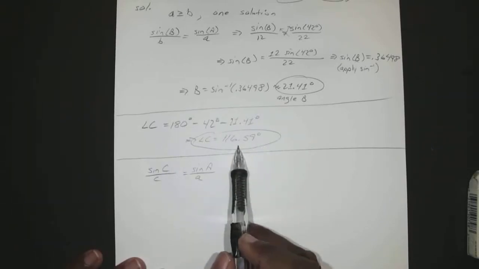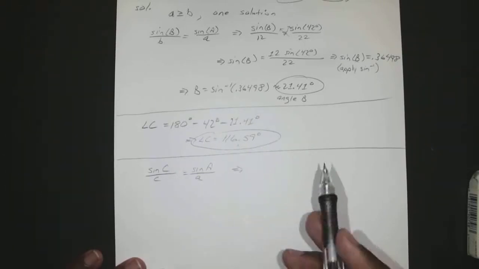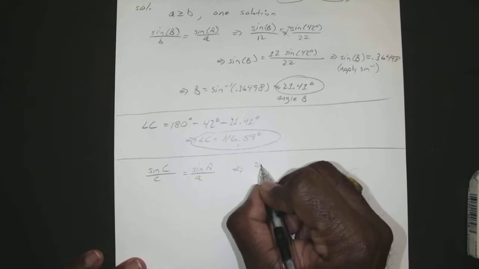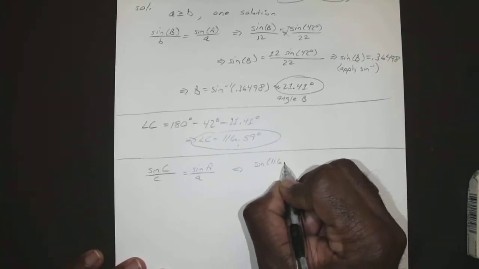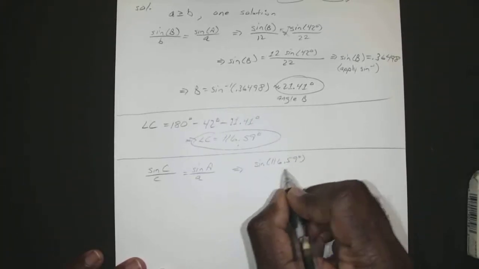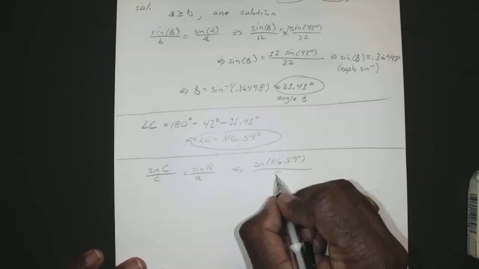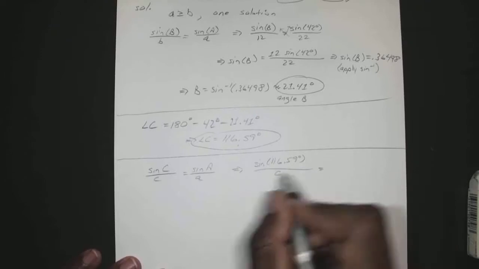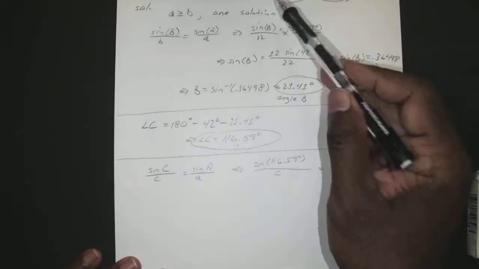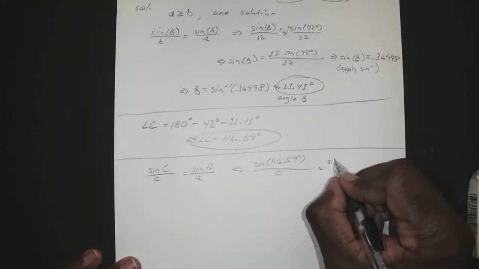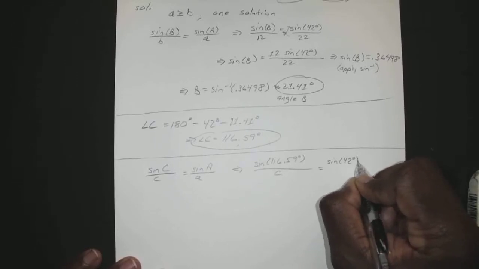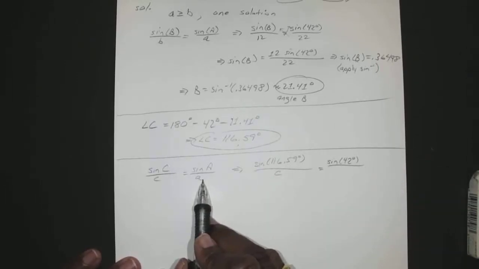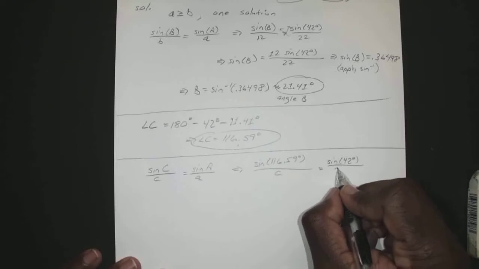Angle C, we know that's 116.59, over side C, which is unknown, so we leave that as it is, equals sine of A. You know A is 42 degrees. So sine of 42 divided by side A, which is 22.